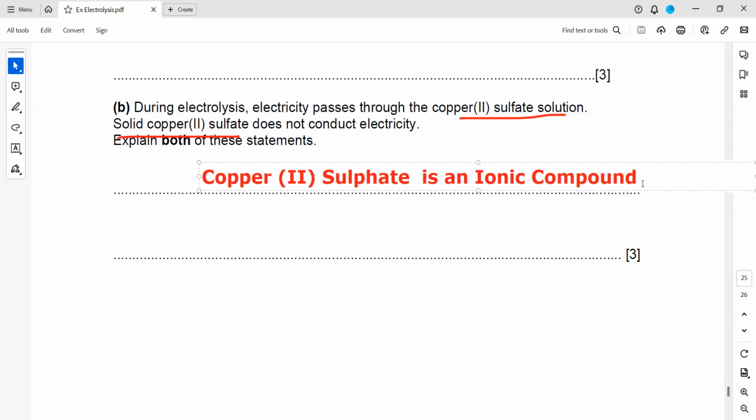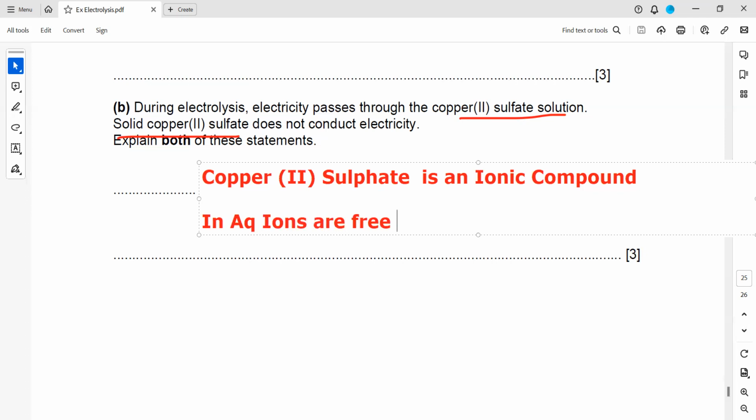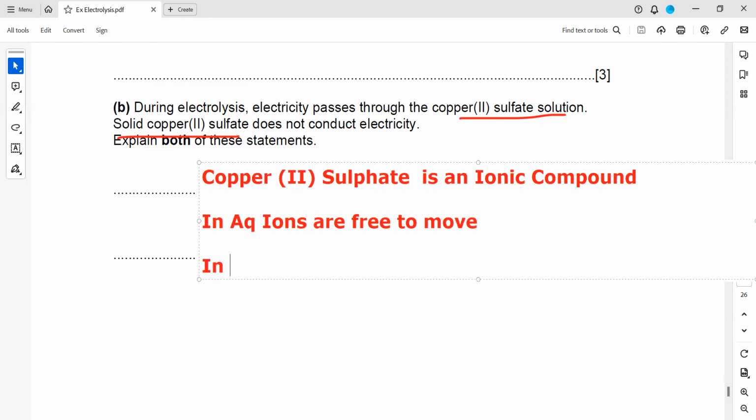And what will happen in an ionic compound in aqueous form? Ions are free to move. Whereas in solid, ions can vibrate about fixed positions.